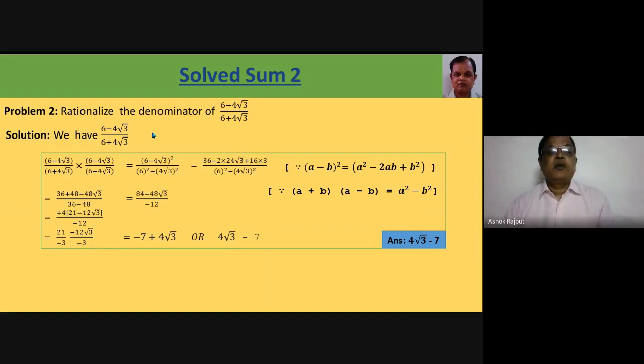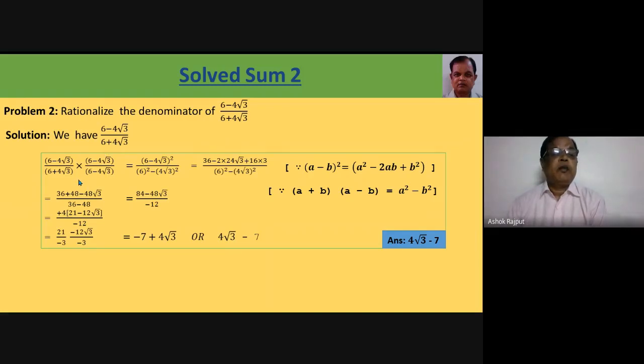Rationalize the denominator of 6 minus 4 root 3 by 6 plus 4 root 3. Here in the denominator it is 6 plus 4 root 3. Now we will change the middle sign, it is plus, so it will be 6 minus 4 root 3.